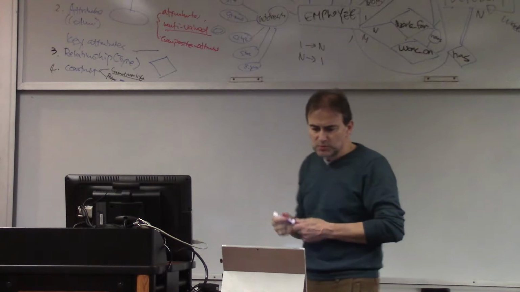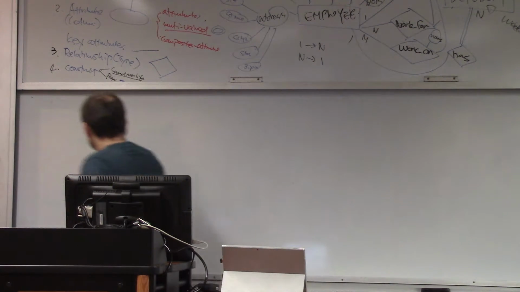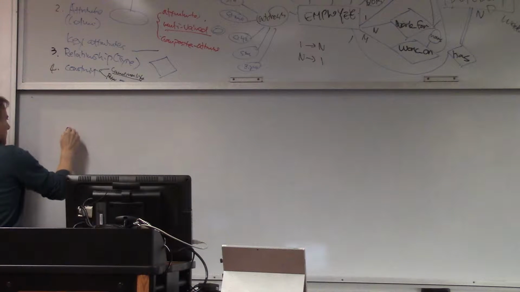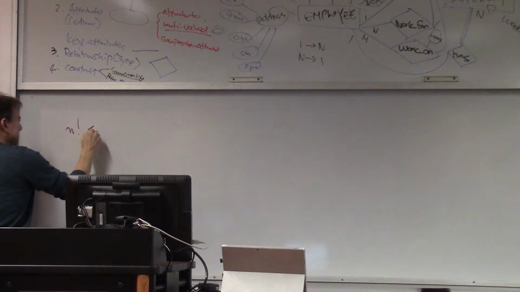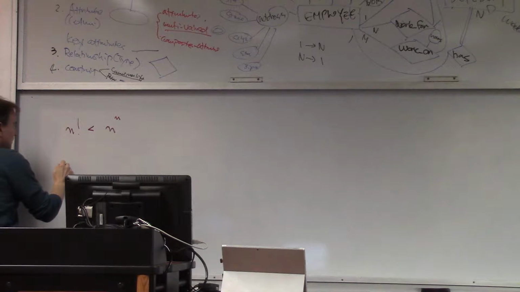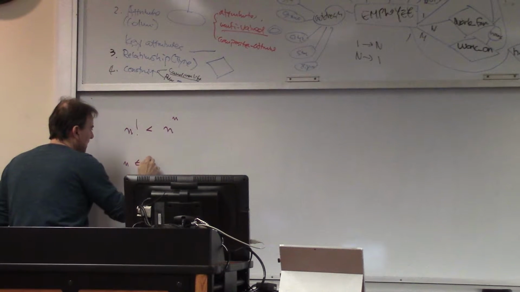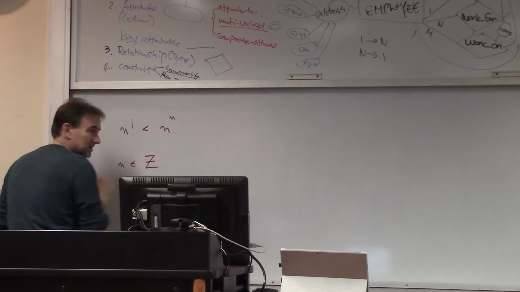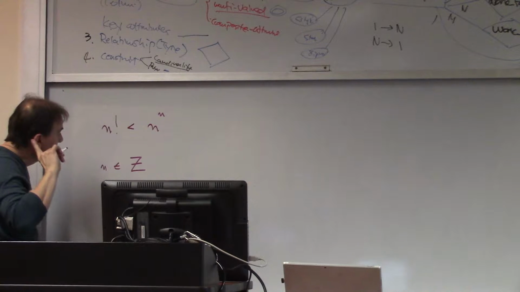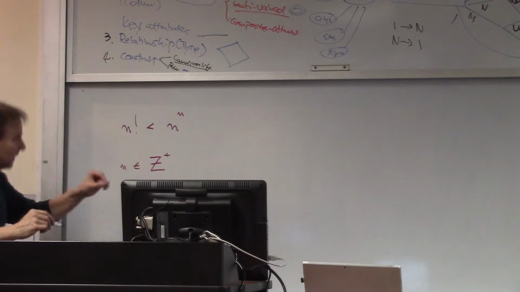In this assertion, we're going to try to show that the function n factorial is less than n to the n, for n an element of, what's Z? Integers, and what's Z plus? Positive integers.